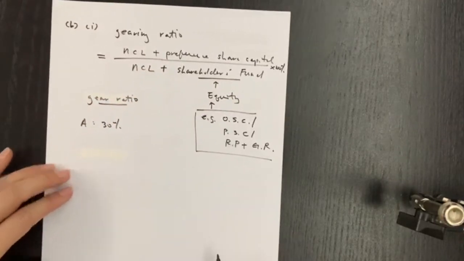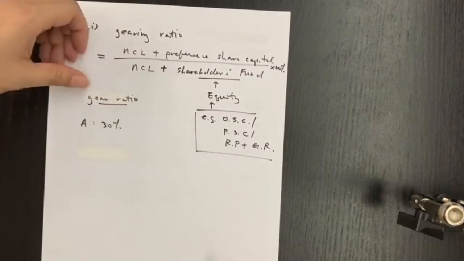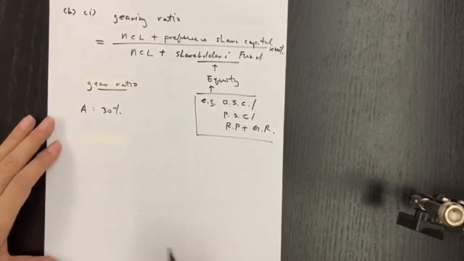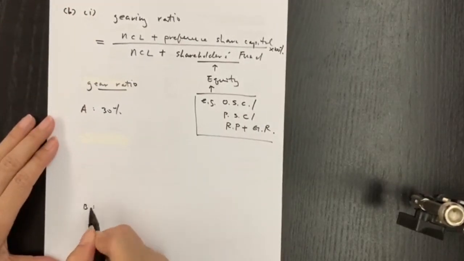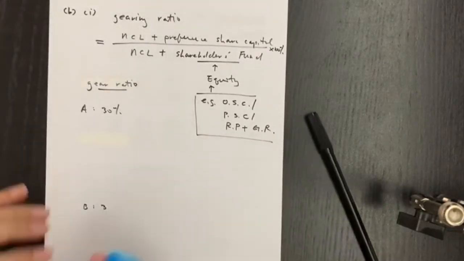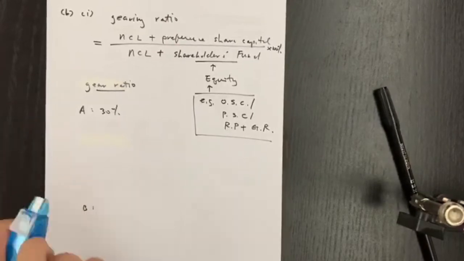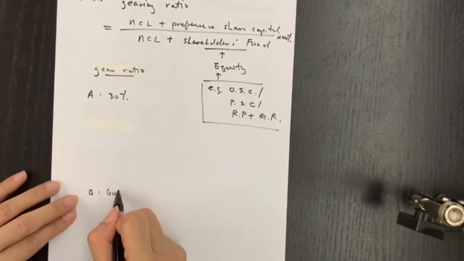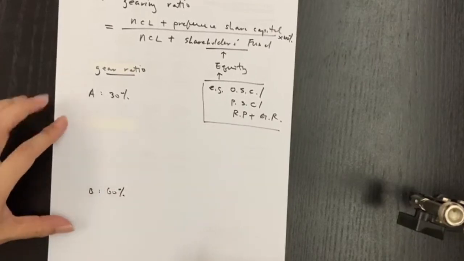Now I give you 2 situations. Let's say the gearing ratio of company A is 30%, and there is another company B, let me give you an example with a higher one. Let's say company B has 60% as the gearing ratio.